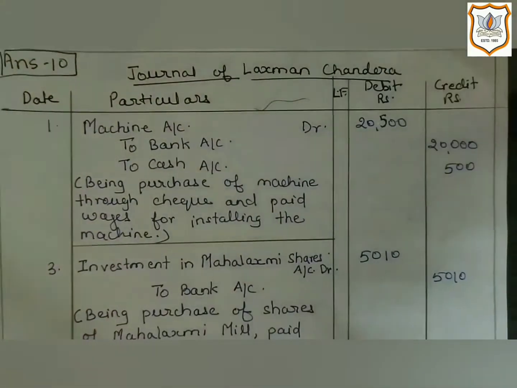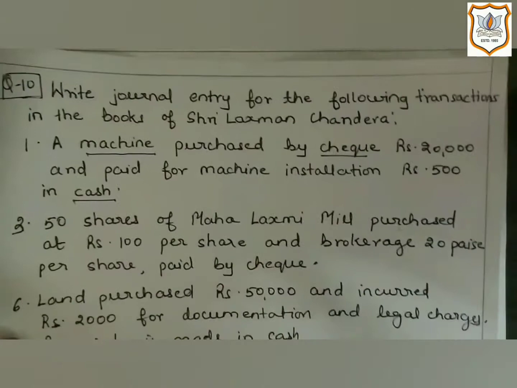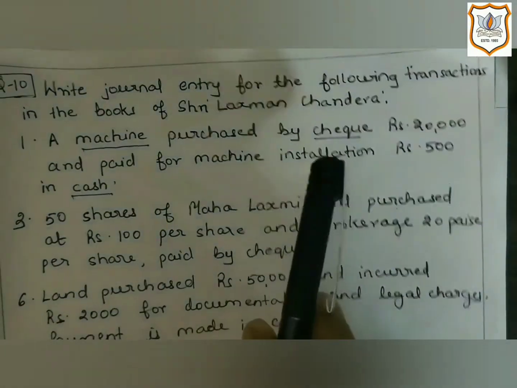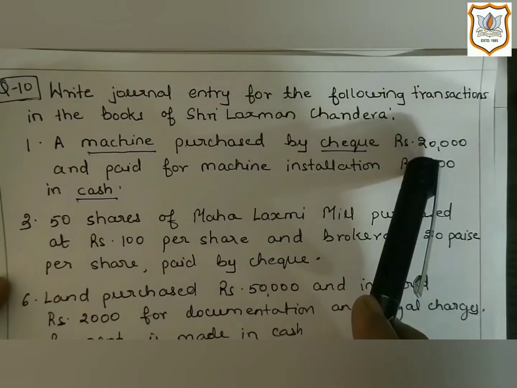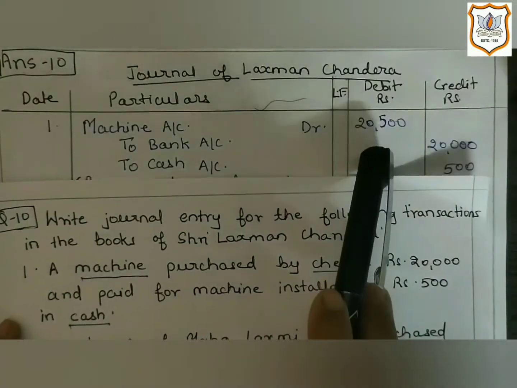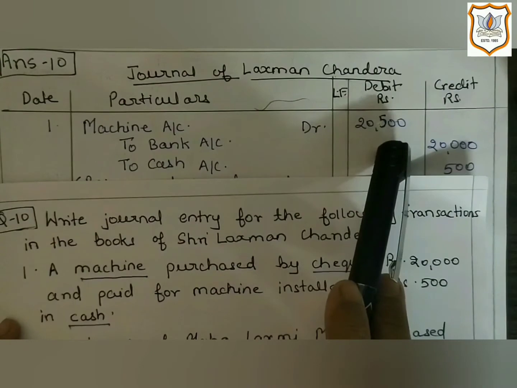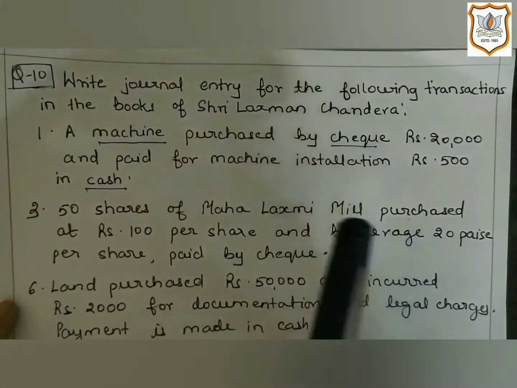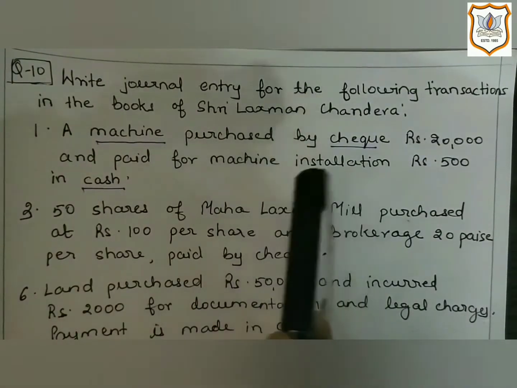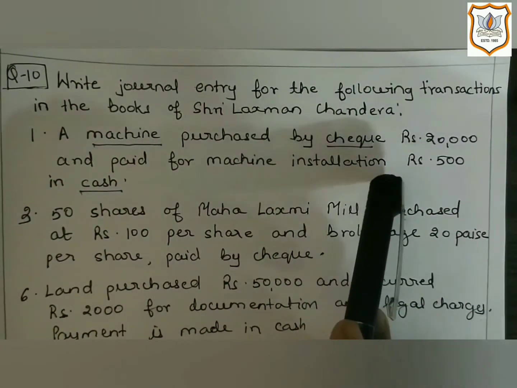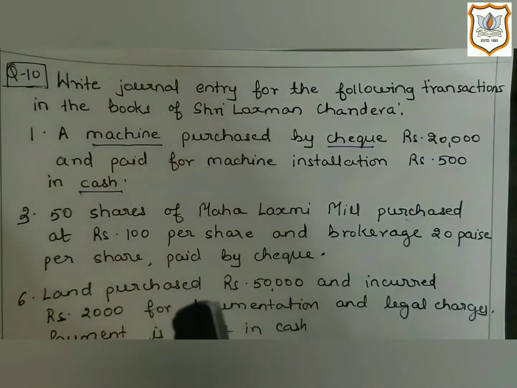20,500. See, as I told you, though the price of the machine is 20,000, we are recording it at the price of 20,500 because, as you can see here, the owner has also paid machine installation charges, that is 500.